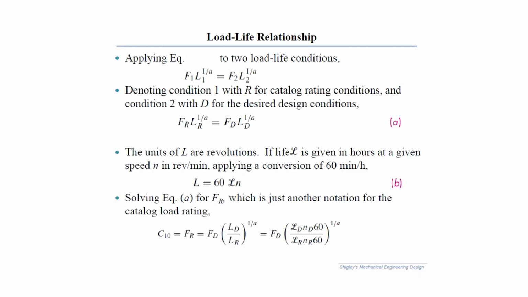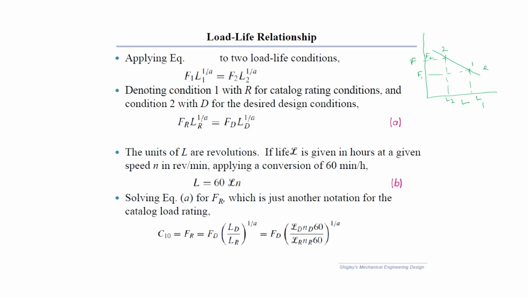Now, we know that there is a relationship between the load which is acting on the bearing and the life of the bearing. Now, if two load life conditions are taken, this is on the log-log scale F and L. So, for a particular reliability, if two conditions are taken, condition 1 and condition 2, then the relationship is F1, this is F1 and this one is L1, this is F2 and this one is L2.